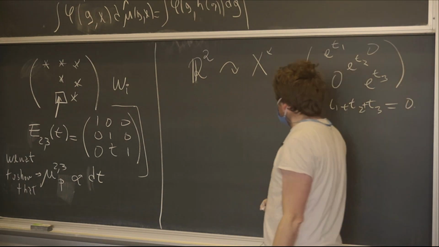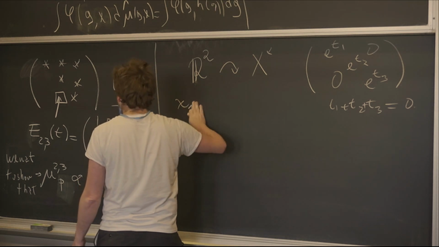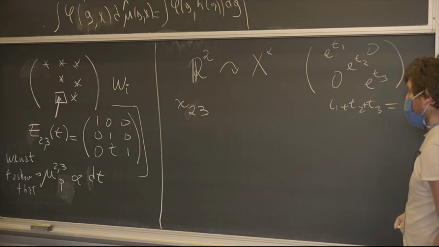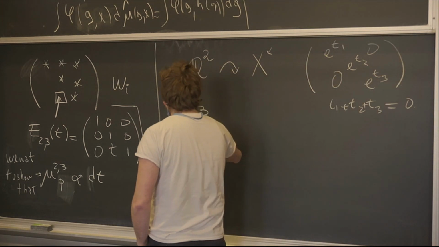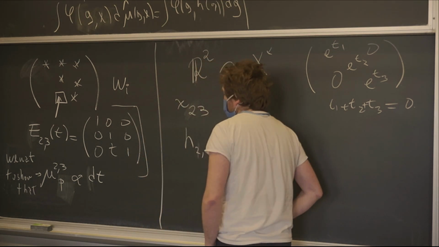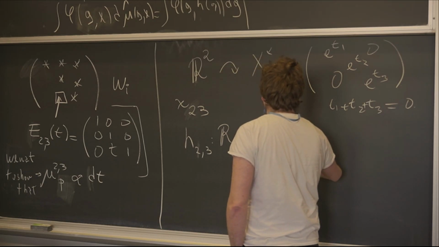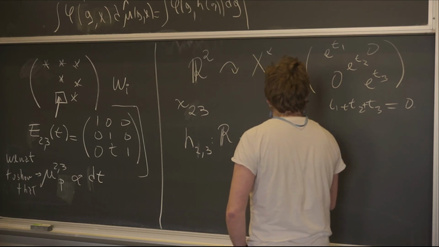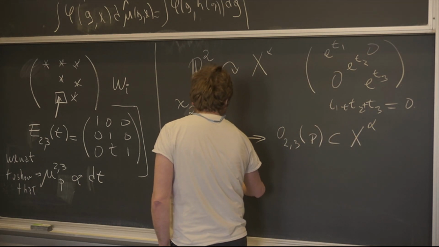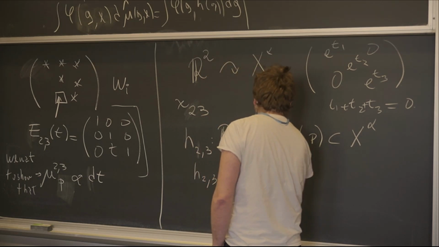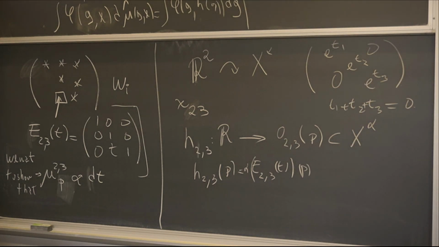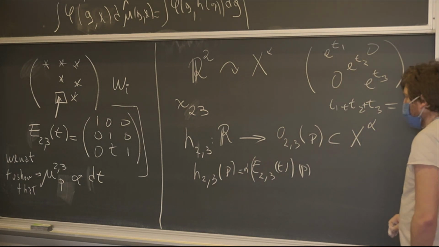And then I have the exponents chi2, 3, corresponding to this. And I have my parametrizations h sub 2, 3 from R into the 2, 3 orbits of P, which is inside x alpha, which is h23 of P, is e23 or alpha on e23 of P applied to P. And this is, I don't want to claim it's smooth.